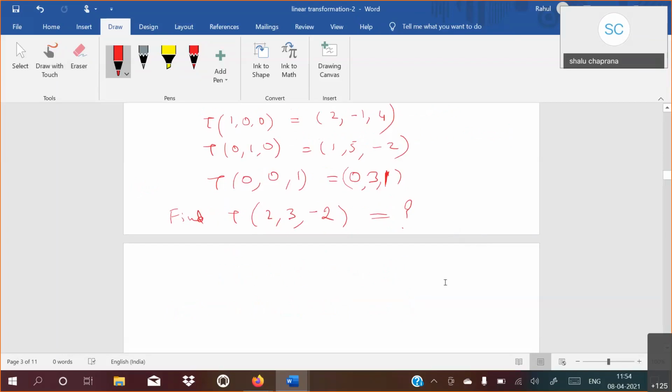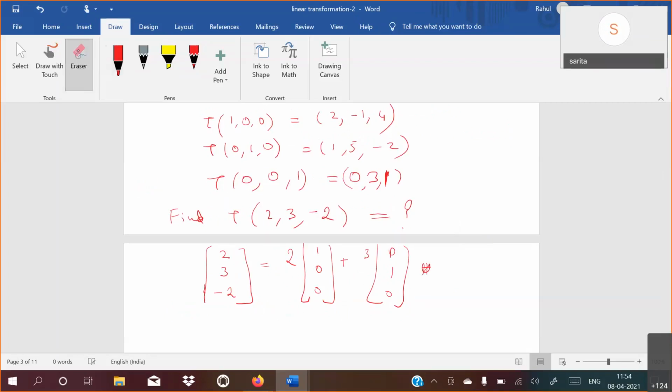So how I'm doing this is, I have a vector (2,3,-2). This can be written as a linear combination of your basis vectors: 2(1,0,0) plus 3(0,1,0) minus 2(0,0,1).